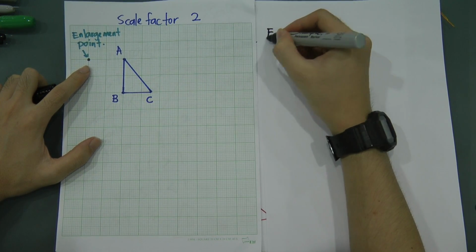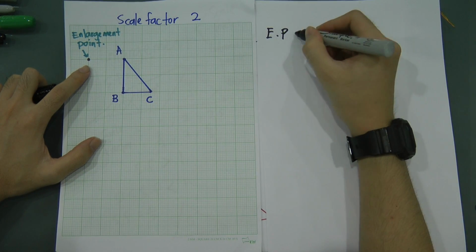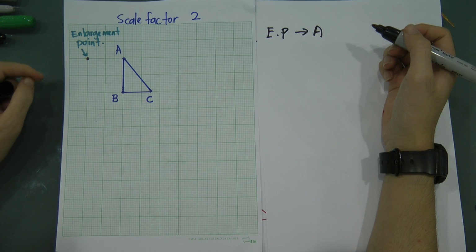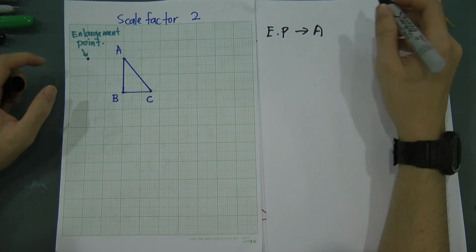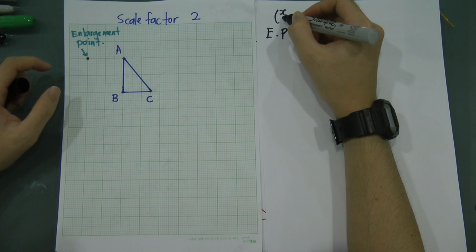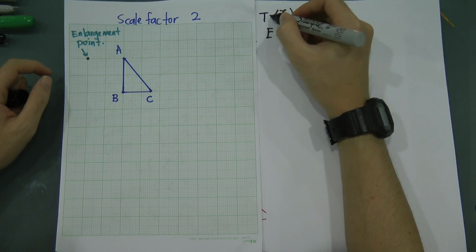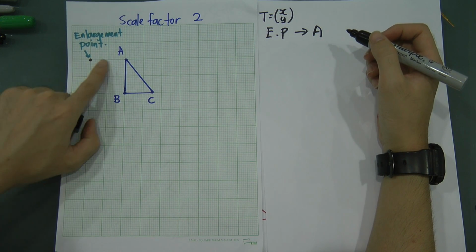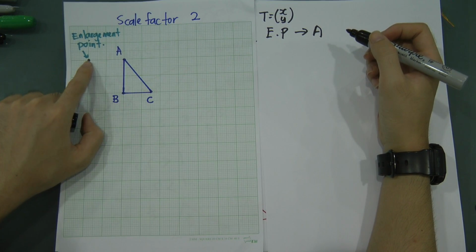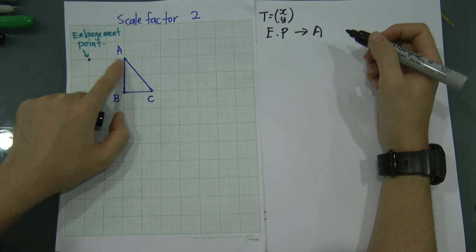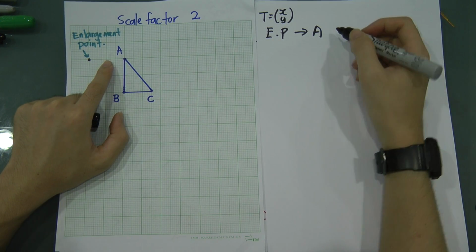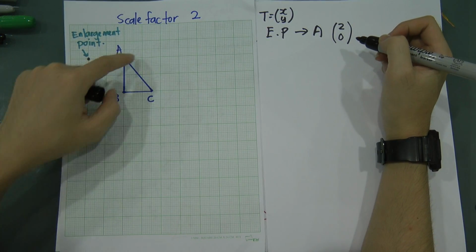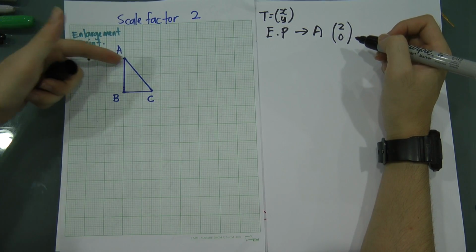I'm going to write the short form, enlargement point to A. I hope you still remember what translation is. Translation is moving on X and moving on Y. Translation from the enlargement point to A is, imagine this is 1, 2, so it is (2, 0), because it didn't move in Y, just 1, 2.